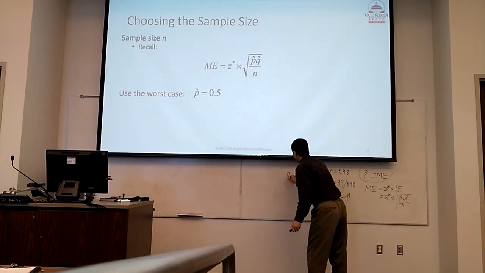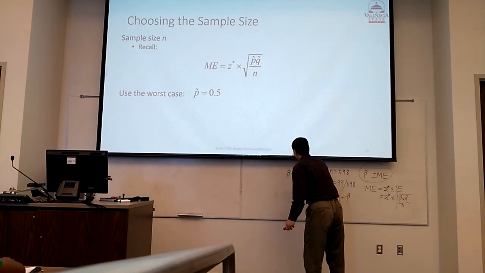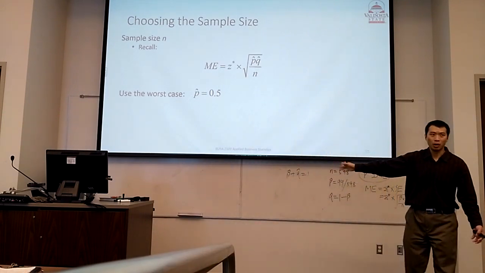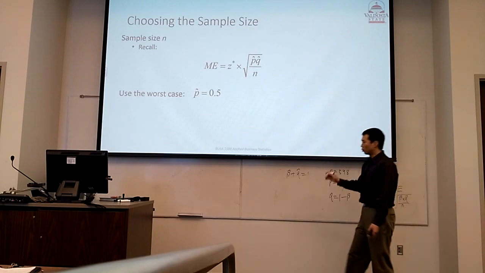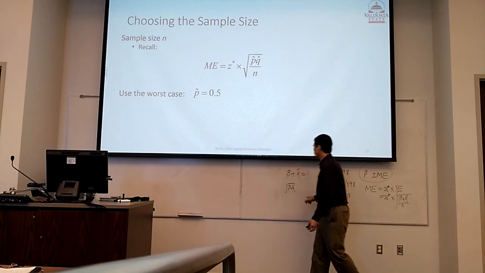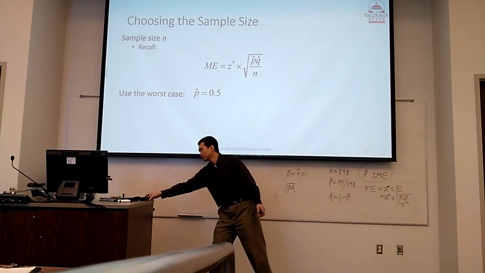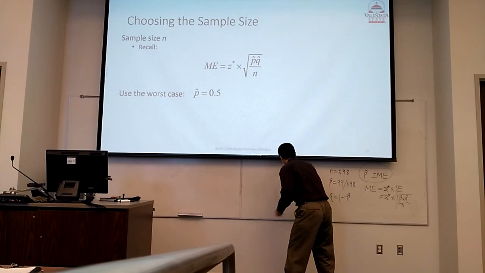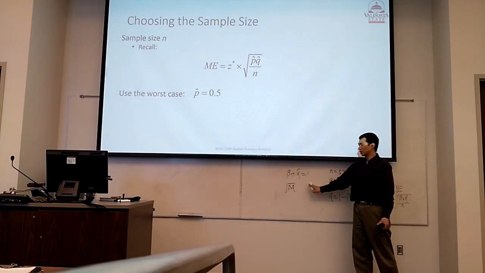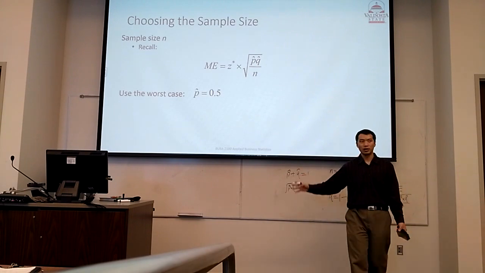So we know that p hat plus q hat is equal to 1, and p hat and q hat are both positive. So how do we maximize this p hat times q hat? Probably you already learned this.